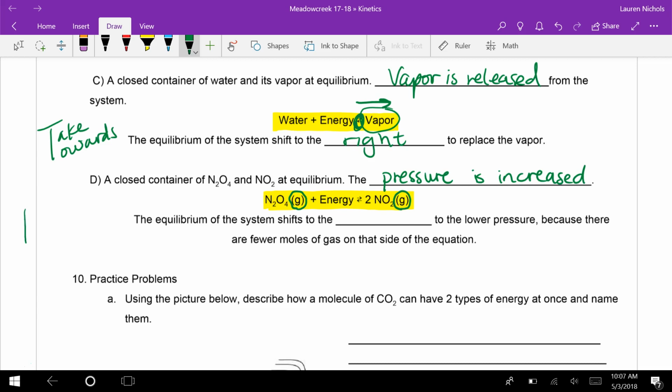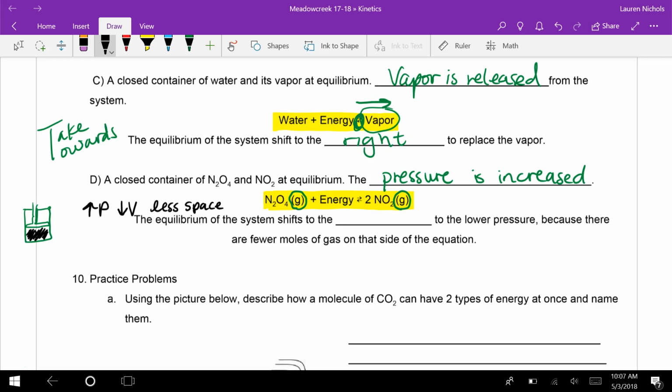And so when you think about a gas, think about a syringe. So if you have a syringe and it has like a plunger in it, right? Anytime you push the plunger down, you're increasing the pressure, and the amount of space that you have, what I'm coloring in black, is going to get smaller. So if I increase my pressure, I decrease my volume, so I have less space.